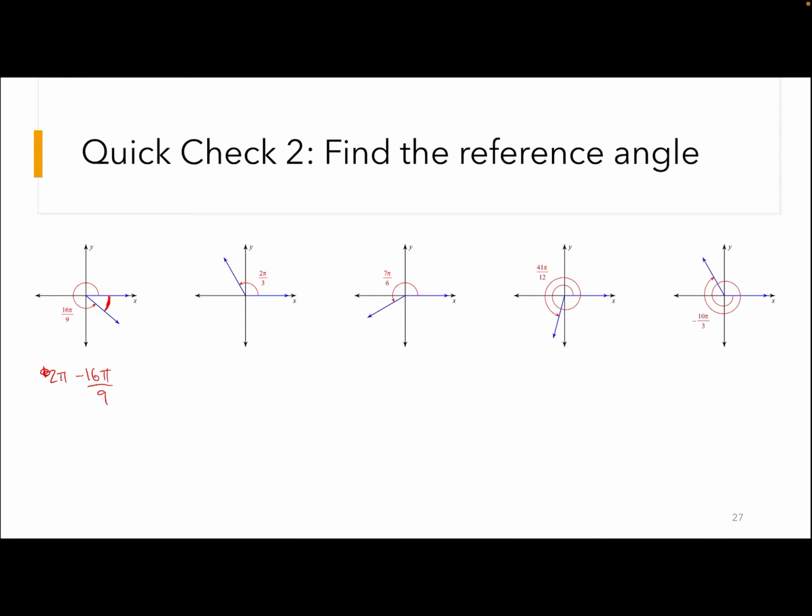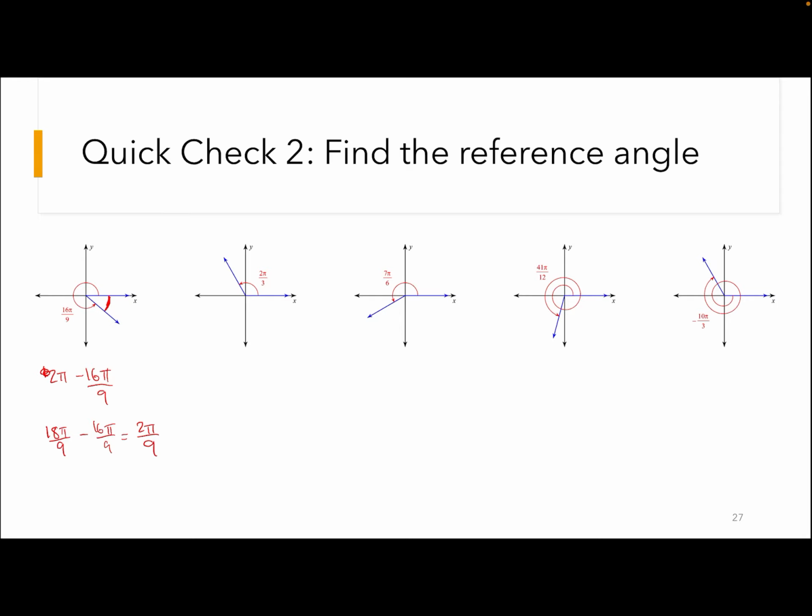If we convert this to ninths, we're going to have 18 pi over 9 minus 16 pi over 9, which is going to equal 2 pi over 9. So 2 pi over 9 radians is the reference angle.